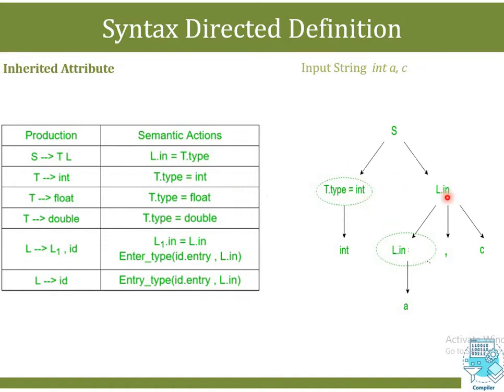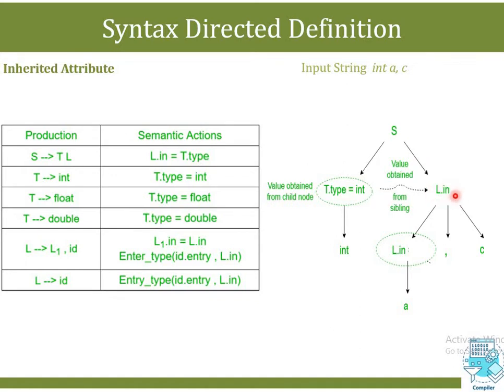Now let us try to calculate the value for L dot in. Here L dot in equal to T dot type, because when we have the production S tends to T L, we have a rule stating that L dot in equal to T dot type. So we compute the value of L dot in by referring to the sibling node T dot type.